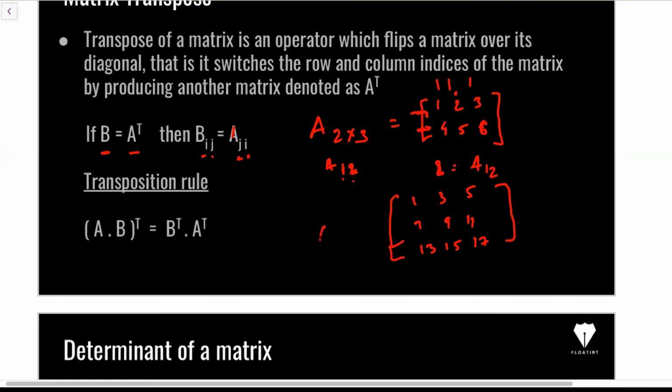So if A is this matrix and you are transposing it, it is basically 3 cross 3, so the transpose will also be 3 cross 3, but you will have the numbers interchanged. But in this case, the diagonal values will be the same, right? Like 1, 9, 17.